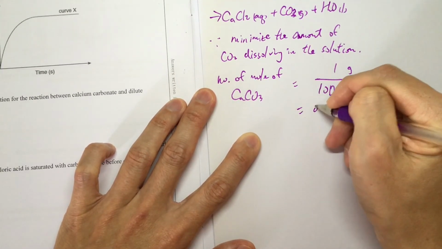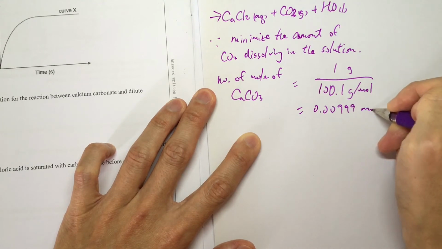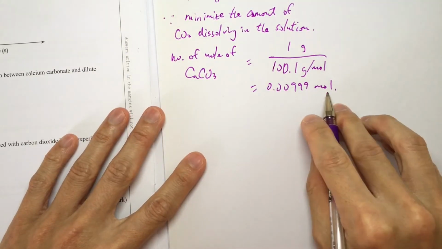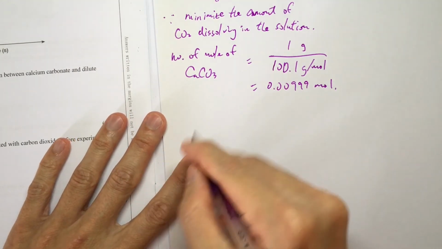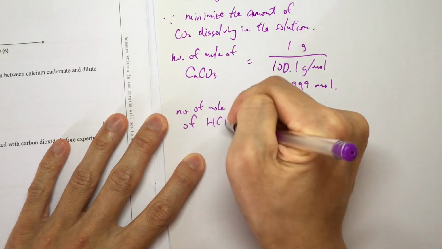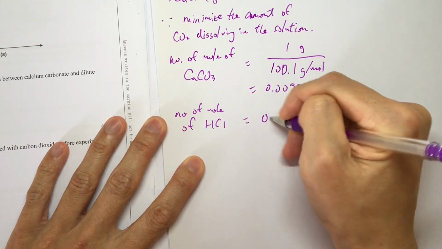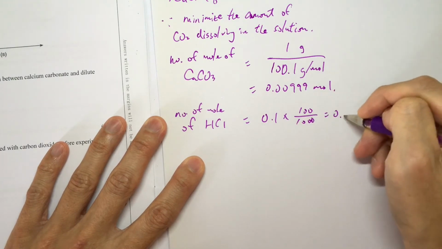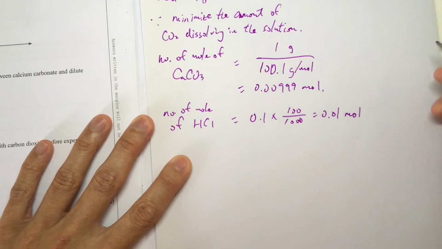Well, this time it is not better for us to round off, okay? And the number of mole of HCl is m times v. Okay, here it shows.